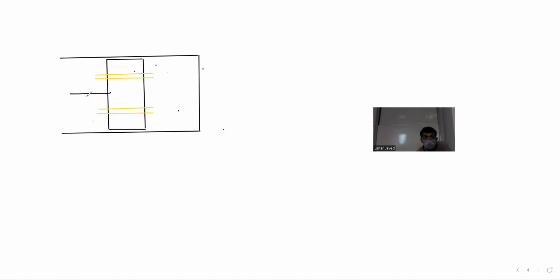The damper works something like this. Now understand this one. You have a sudden jerk. What happens? The moment you have a sudden jerk, you have velocity of this whole thing. This whole chunk has a sudden velocity because of the sudden jerk.